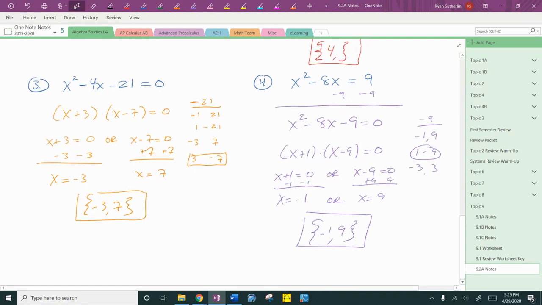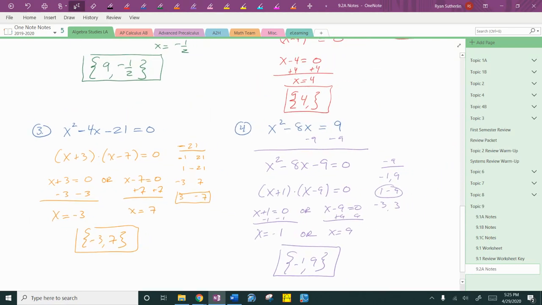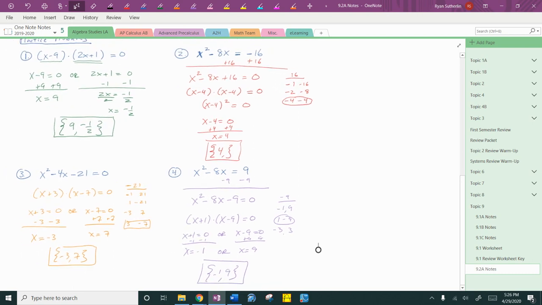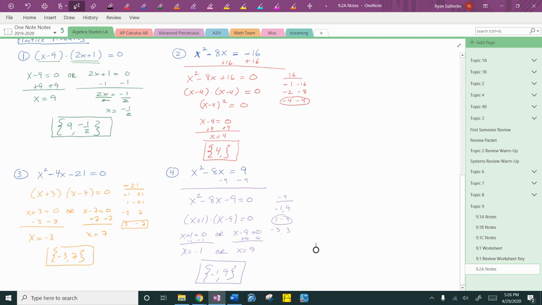So let's review how to solve a quadratic equation by factoring. Well, I'll get it so we can see all four questions. If it's already in factored form, like number 1, you just set each parentheses equal to 0 and solve those equations.